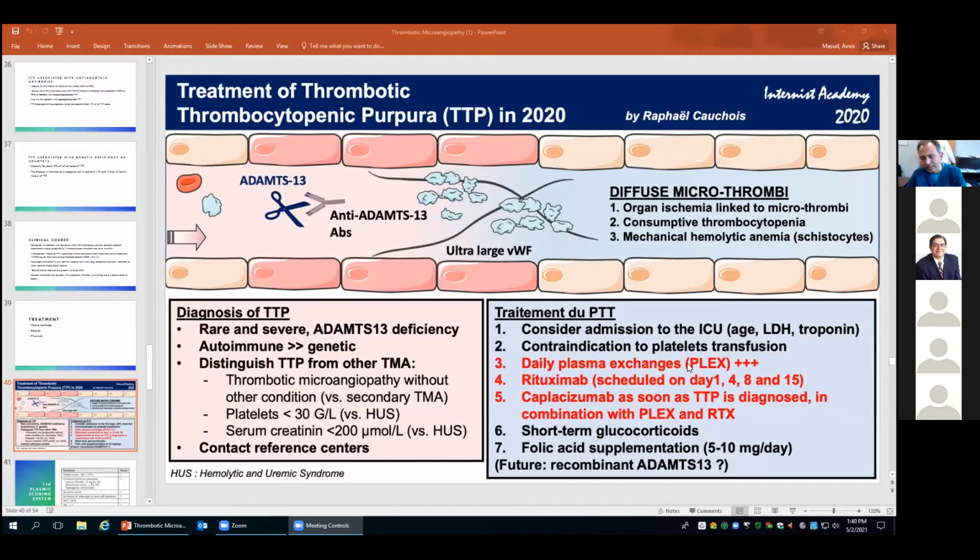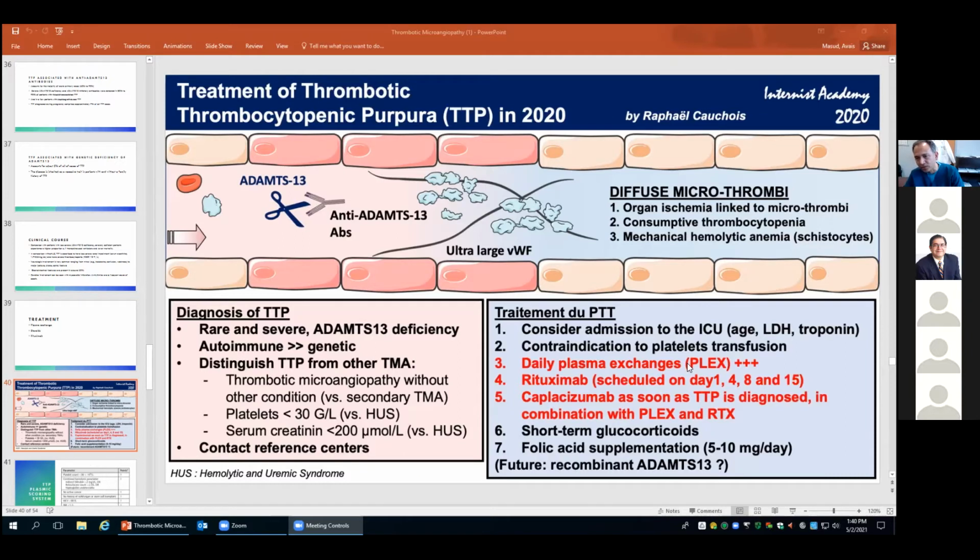When it's not clear whether it is TTP or HUS, you start with plasma exchange, and later if you find that the ADAMTS13 activity is more than 10%, that means TTP is not the diagnosis, then you can stop Plex and most likely it is HUS, so you can start treatment for that.